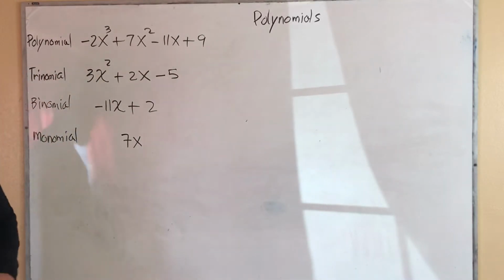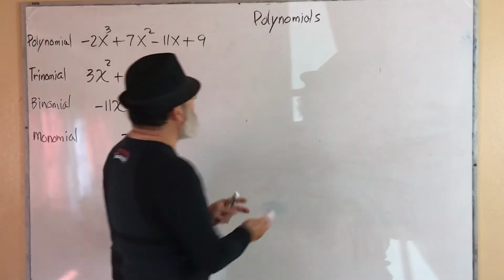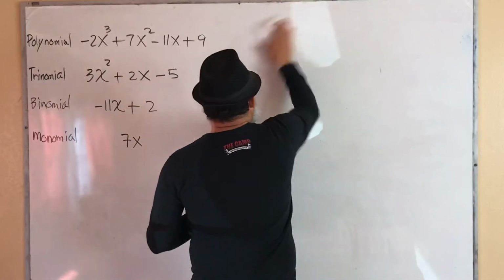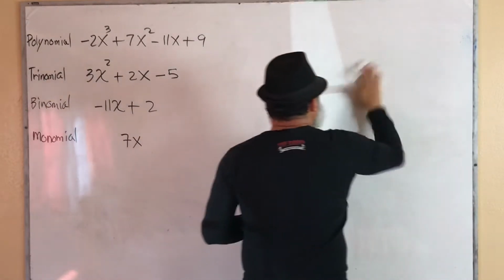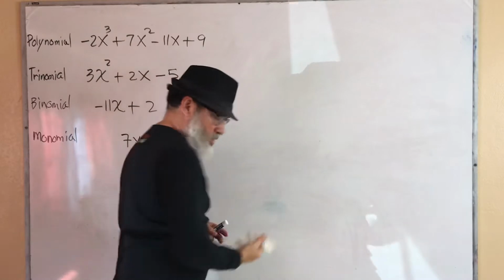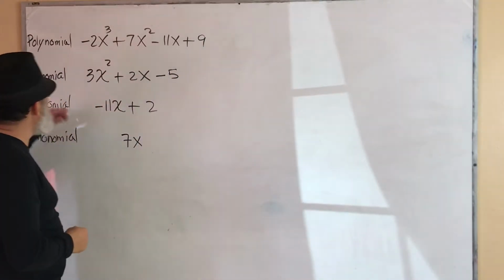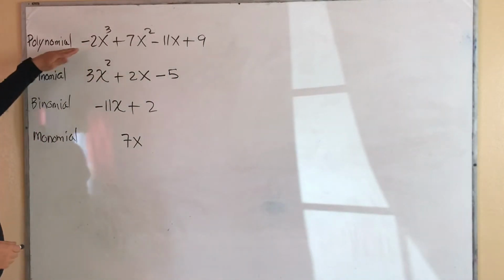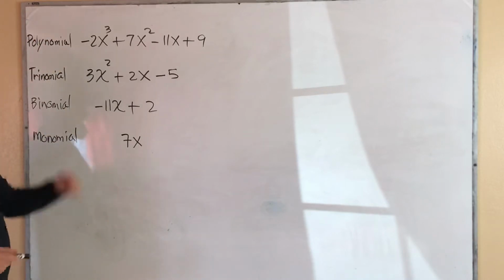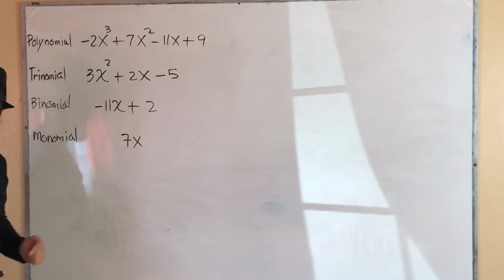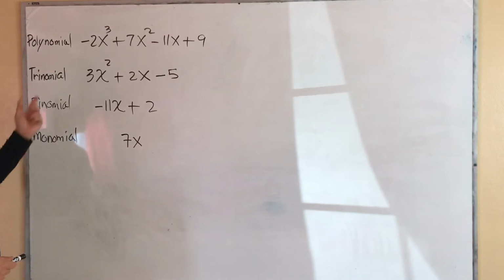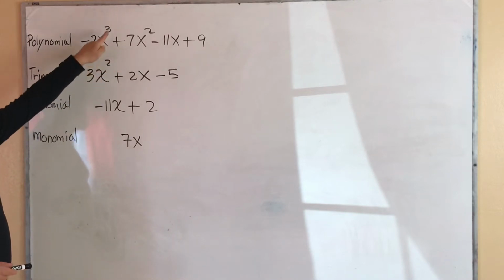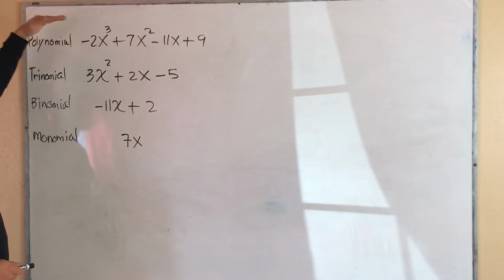By the way, this polynomial, its degree is the greatest power of the variable. So the degree for this polynomial is 3. That's the greatest power. And this polynomial is in descending order.